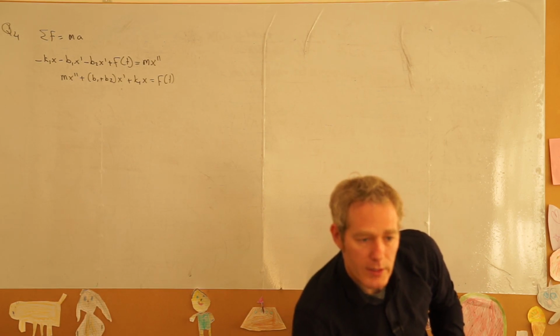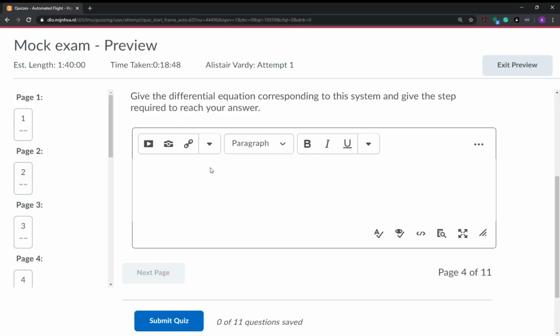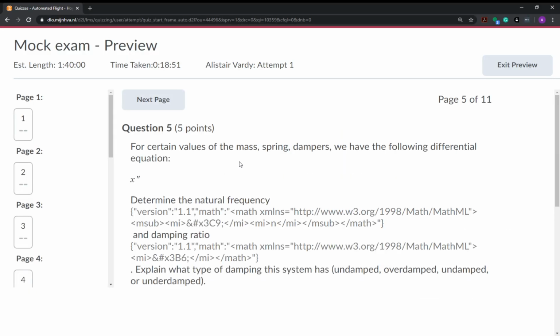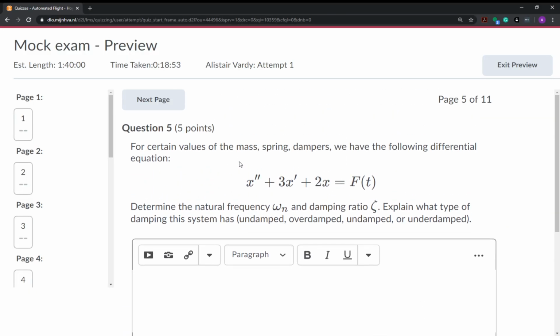If we go to question 5, we are asked to find the damping ratio and natural frequency for x double prime plus 3 x prime plus 2x. Now we can do this in 2 ways.